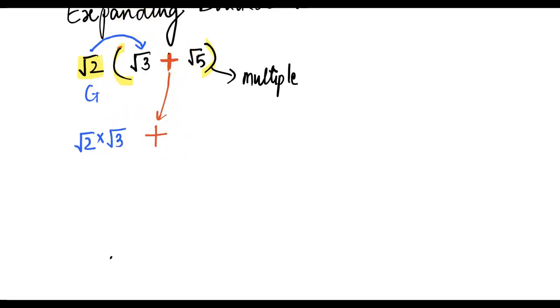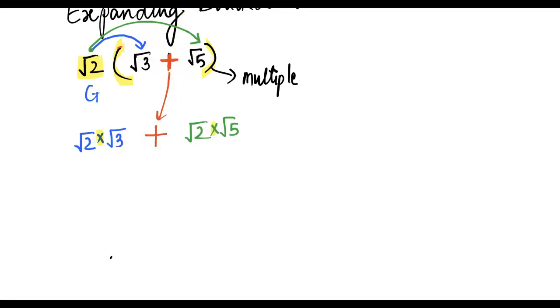We copy that, and now the guest is going to meet the next member of the family. So root 2 is meeting root 3, and because it's a bracket, root 2 has to cross that bracket. That means multiply. Whenever there is anything outside the bracket, it is going to be multiplied. So we have used multiplication there, and we copied our plus as it is.